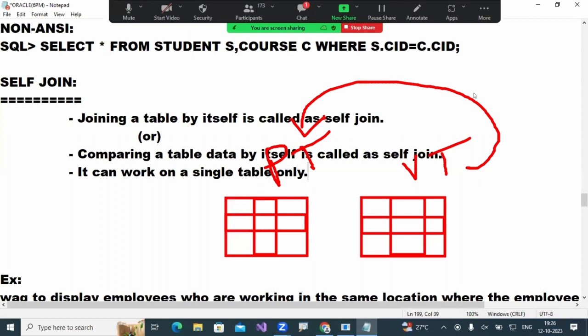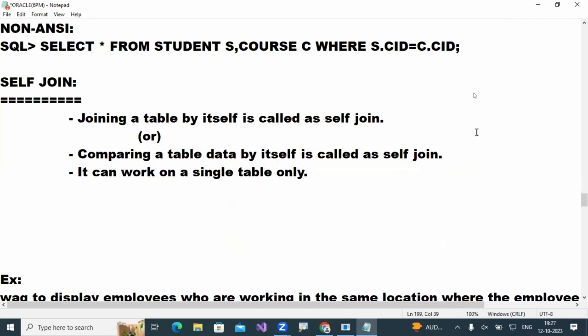So finally, to implement this concept practically, we need the support of virtual tables. How to create these virtual tables, and how to work after that, we will see tomorrow. Okay, thank you so much.